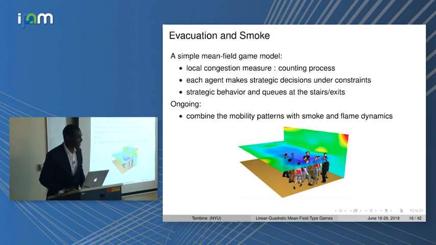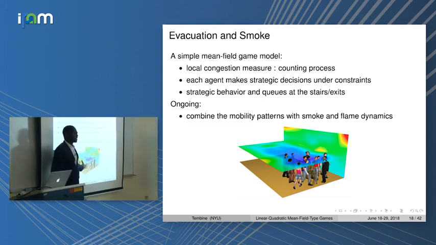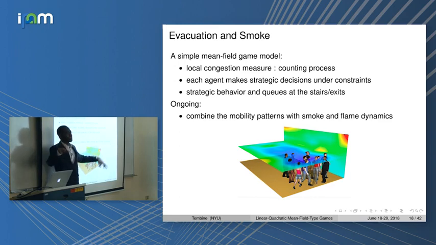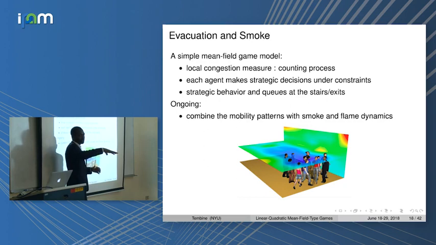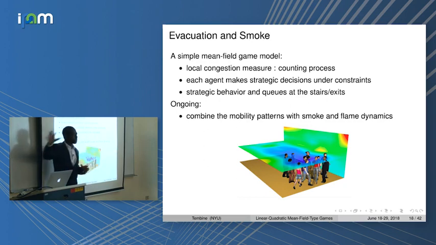Now in some cases, you might need to add another dynamics, another mean field equation for smoke, flames, and so on. Probably Professor Yan can tell us what the flame dynamics is. Then couple this with the density of people. If you go to a place where it's crowded, or to a place where you have a lot of smoke, you want to avoid those places because smoke and crowd are now enemies for us.